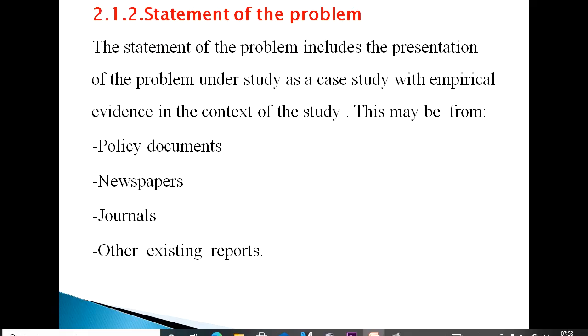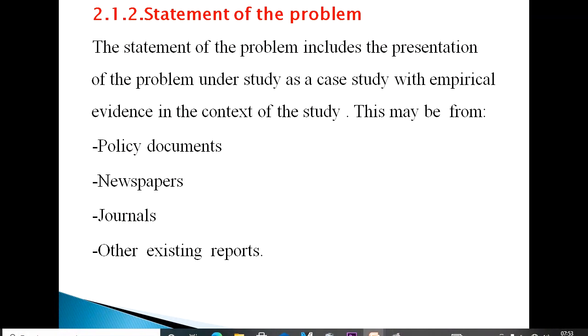The second subtitle, after the background of the study, is the statement of the problem. The statement of the problem is the second subtitle for your general introduction.